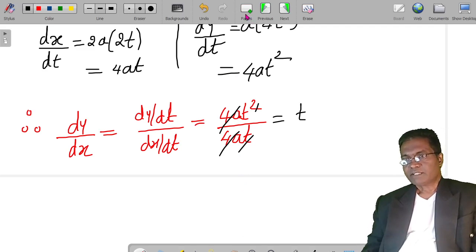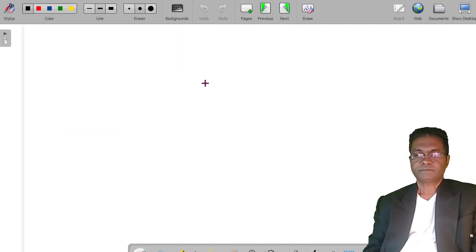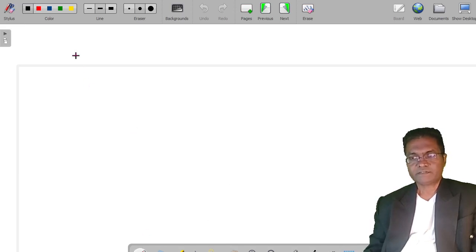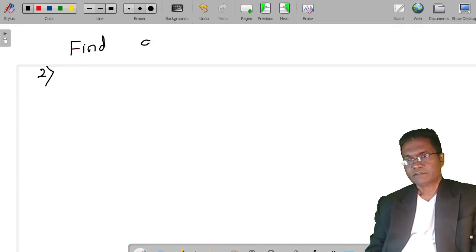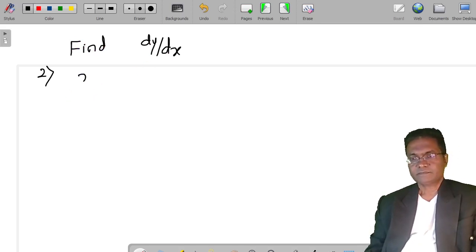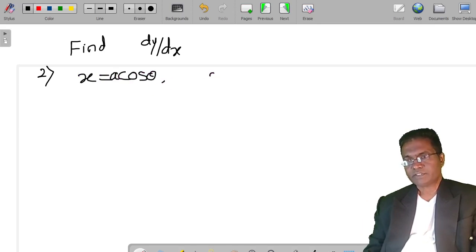So we have one more example. Find dy by dx. In all the cases, you have to find dy by dx. So x is equal to a cos theta, y is equal to b cos theta.